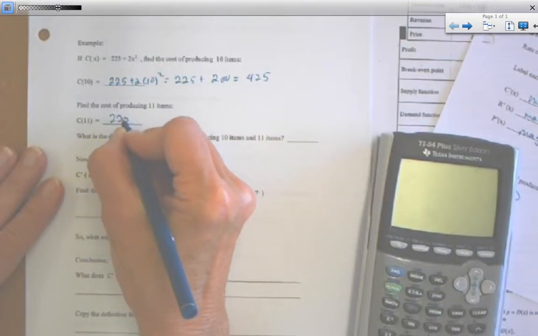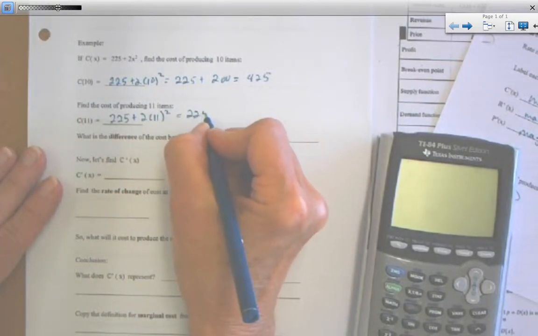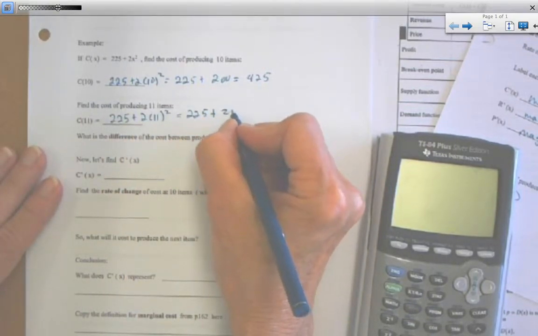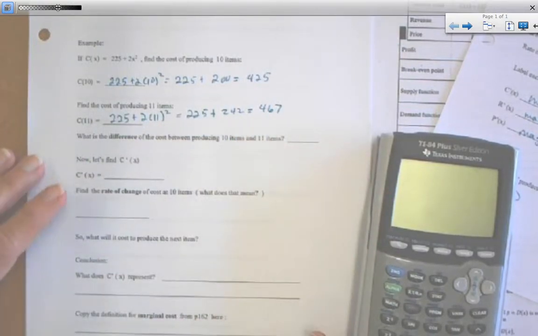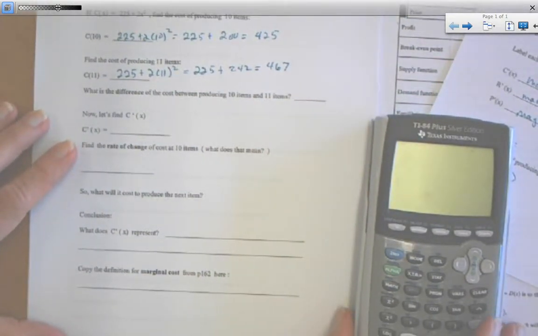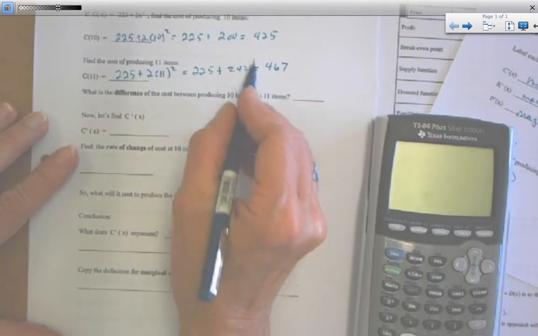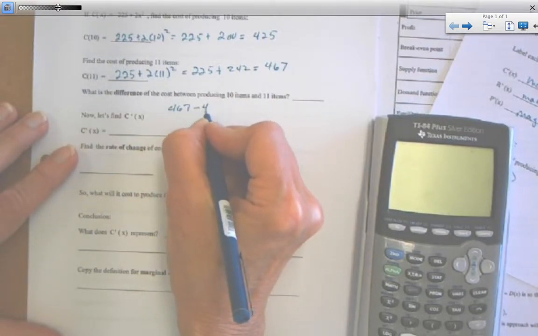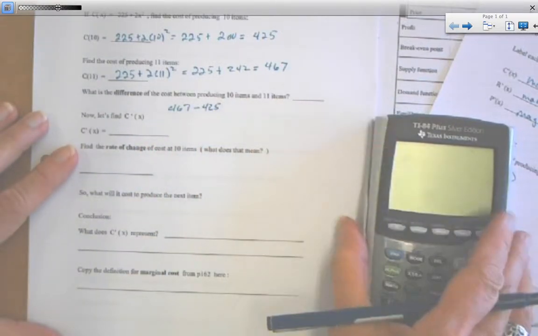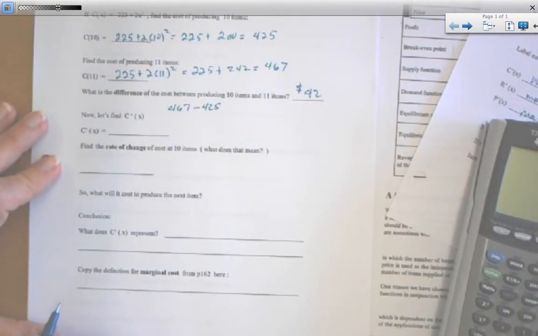So that's 225 plus 2 times 11 squared, plus 242, and that's going to be $467. So what's the difference of cost between producing 10 items and 11 items? Well, it'll be the difference of these two total costs. 467 minus 425 is going to leave you with 42. And we know this is referring to dollars.